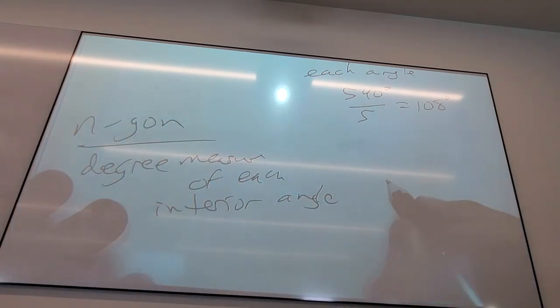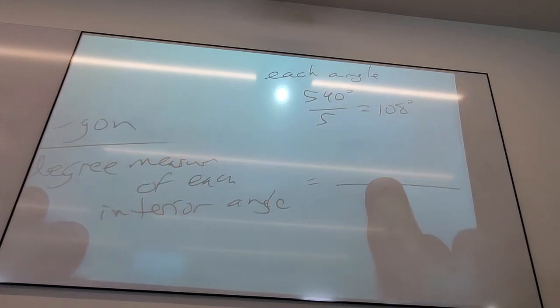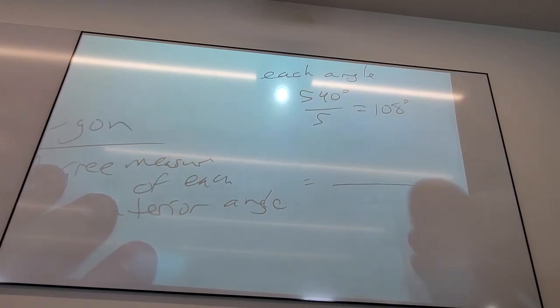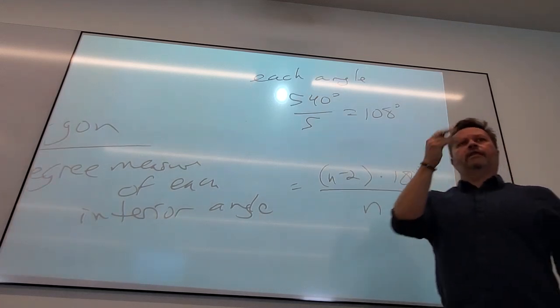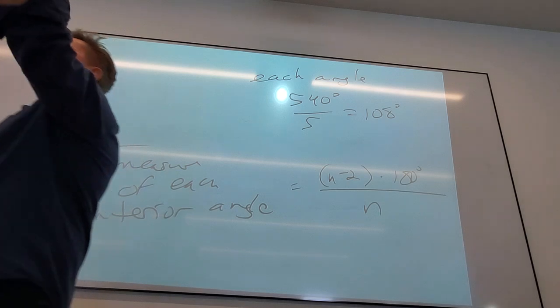It's always going to be the total number of degrees I have to play with, which we already know. What formula gives me the total number of degrees? N minus 2 times 180. And then I'm going to divide that by n. Now again, if I just gave you that formula and said throw stuff in, you would have no connection to it.